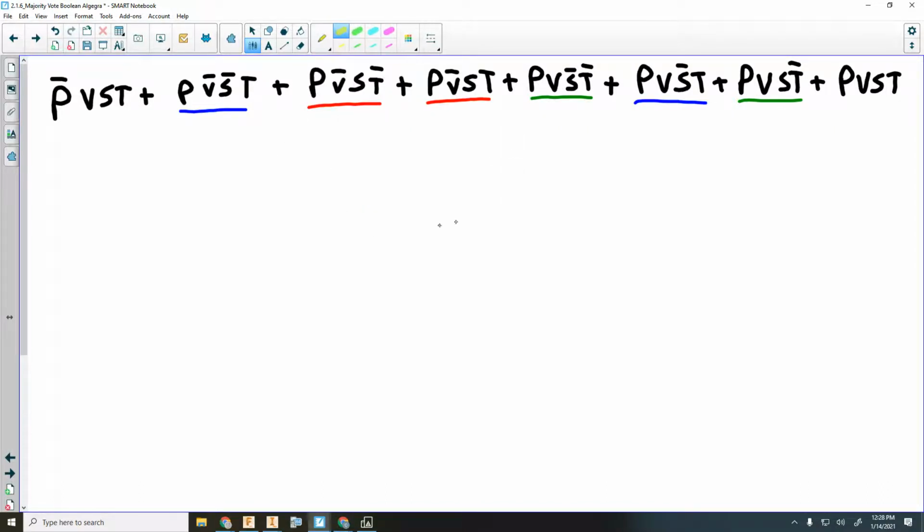that last term, that's the key to this entire Boolean simplification. That last term where everybody votes yes. Now, it's always nice when everybody votes yes, right? Peer pressure, right? There's no dissent.